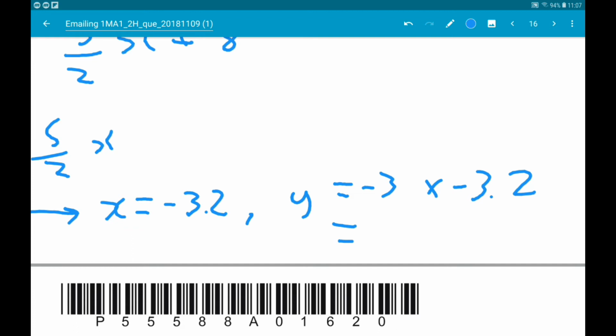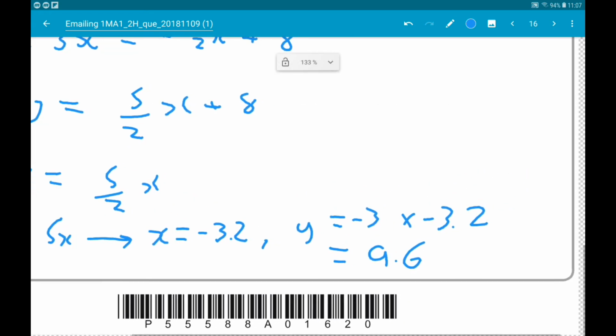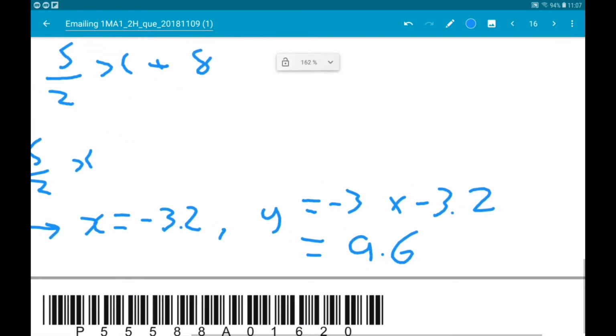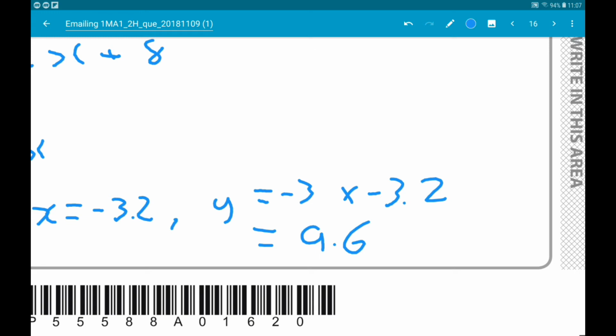No, it's not. It's positive 9.6. So, the coordinates are minus 3.2, 9.6.